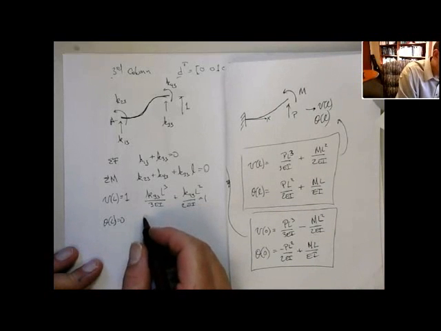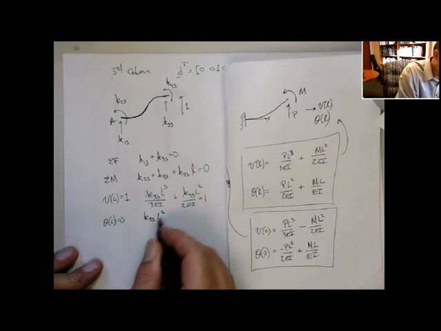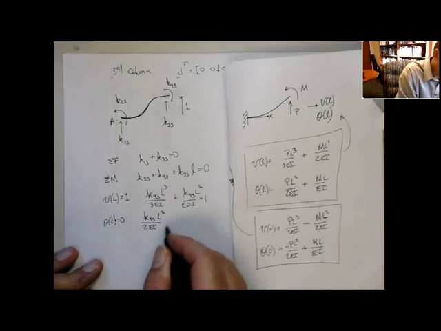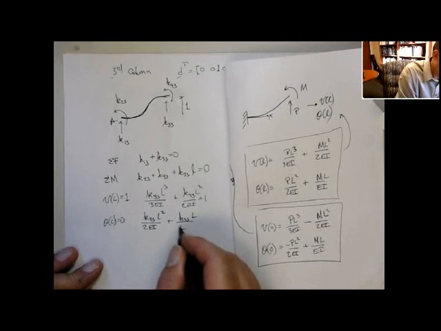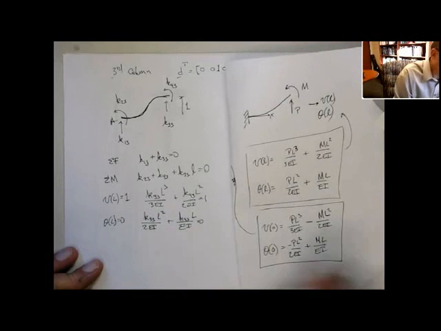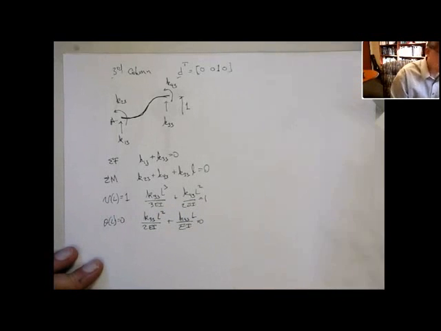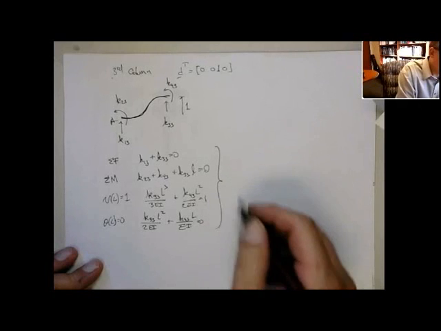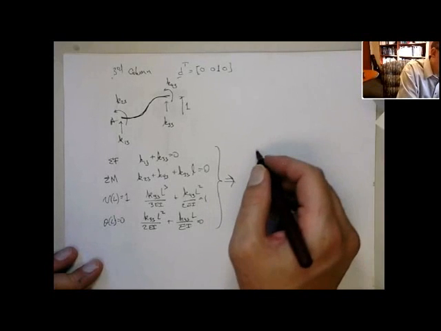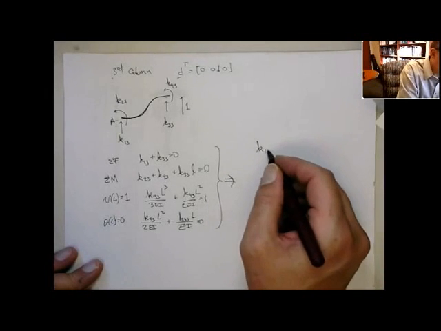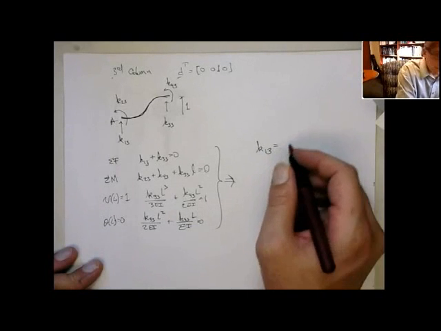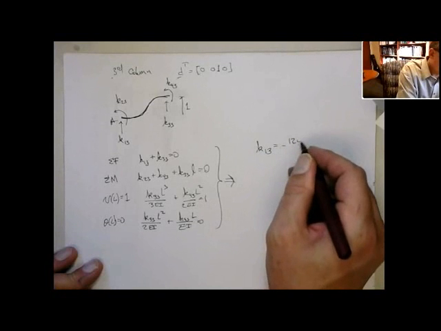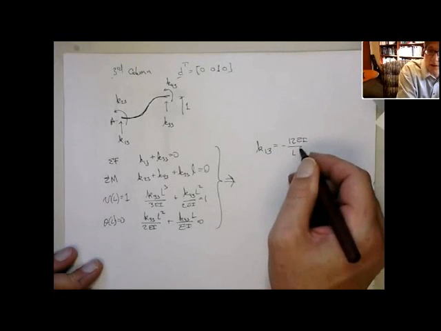So, okay, where are we? So I got K33 L squared on 2EI plus K43 L on EI, and that has to go to 0. So those are my 4 equations. Again, we solve those for the 4 unknowns. That gives me K13 is equal to minus 12 EI on L cubed.